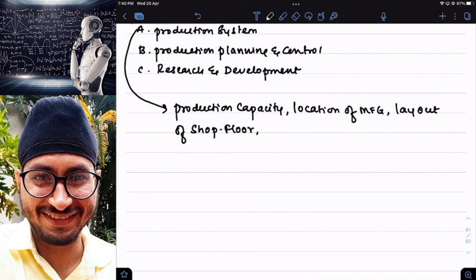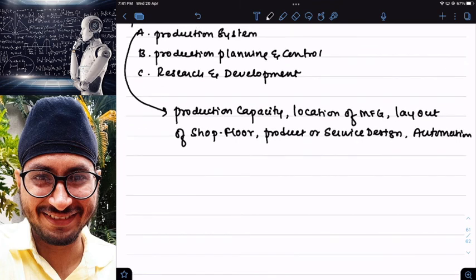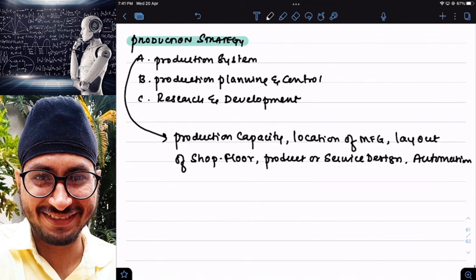It includes product or service design. Clear? It includes degree of automation, meaning how much automation. It includes automation, etc. These are all the points included in the production system.